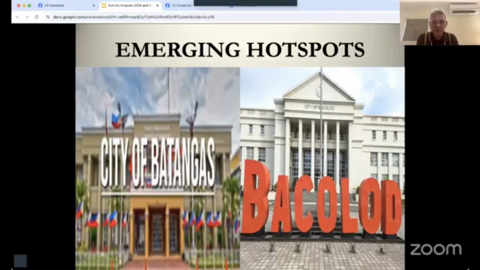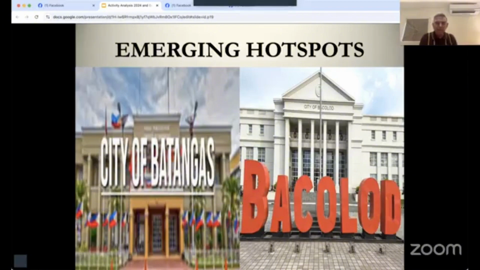It cuts down travel time so much, and the roads are really wide and well done. And you also have to look at the trust in the government of Batangas. In this case, Governor Mandanas has a good plan for investors, giving incentives, tax incentives, and that sort of thing. So you have to factor that in.